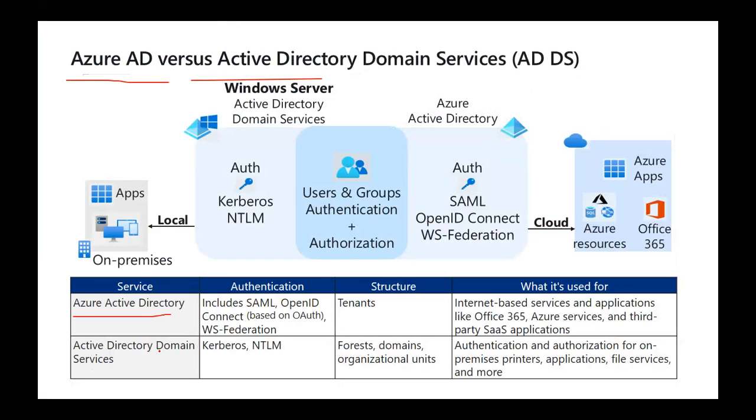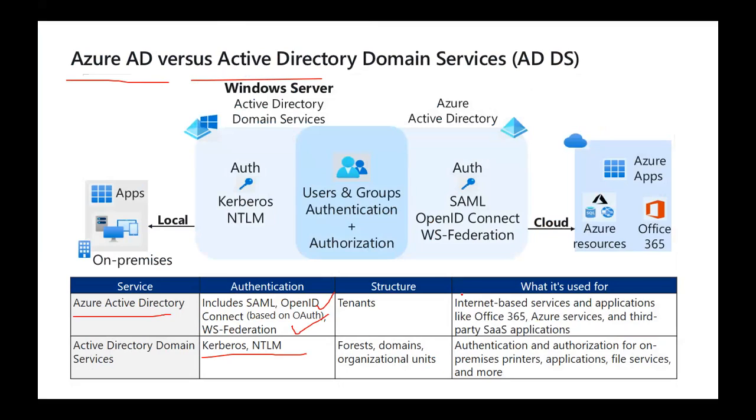If we work directly with Active Directory, we only have authentication methods like Kerberos protection. In this case, now we have the new authentication process. For example, we can use OpenID protocols, the SAML protocols, and also WS Federation.